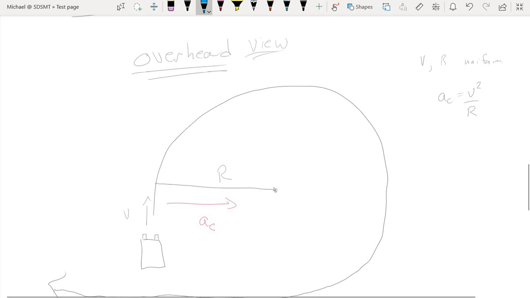Well, we don't necessarily turn, we just keep going, right? So the tendency of our vehicle is to continue traveling in a straight line. We need to have some kind of force that pulls us towards the center of the circle.